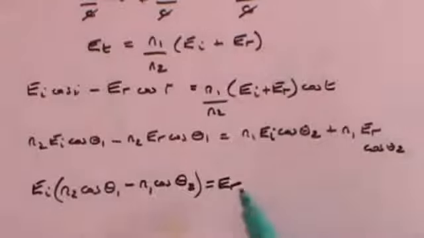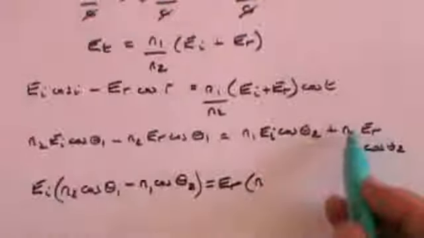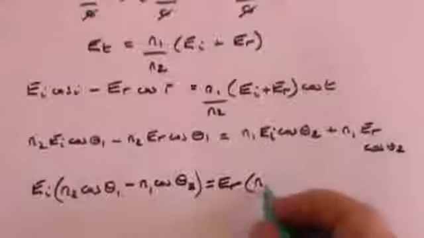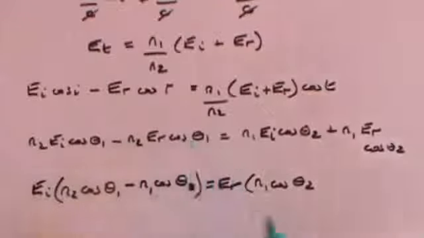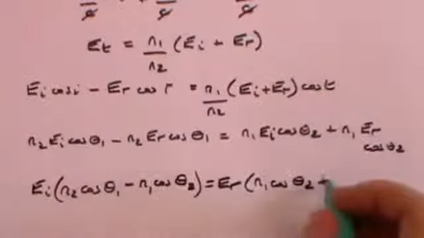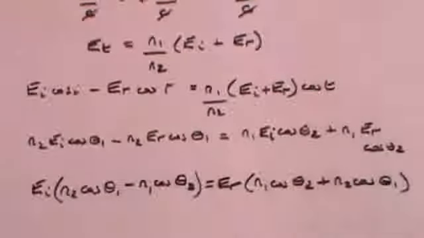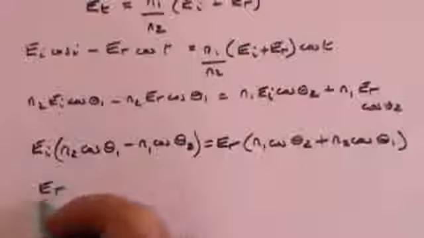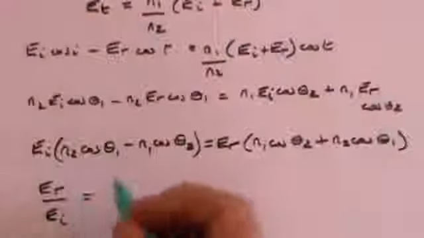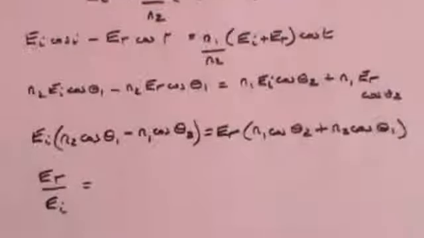What about the ER terms? Well, on this side I've got an N1 cos theta 2. And on this side I've got a minus N2 cos theta 1, which when you bring it over to the other side will become a plus N2 cosine theta 1. And now I can do what I did before. ER over EI is equal to this term divided by this term.